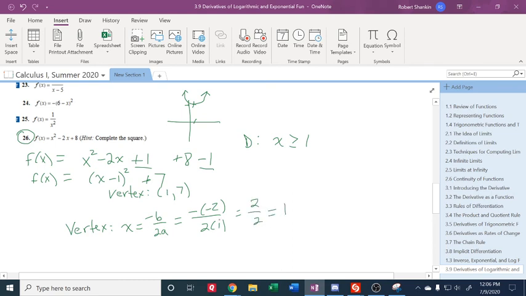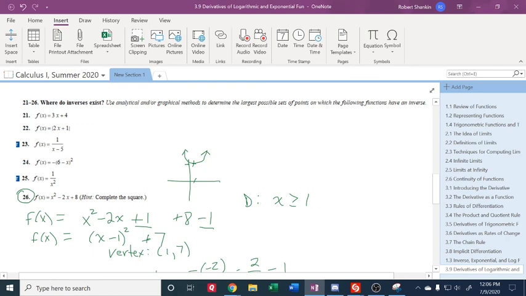And that's when x is equal to 1, that's the x-coordinate of the vertex. You plug 1 into this formula here, and you'll get the y-coordinate of the vertex, which would be 7. But you just want either the right half or the left half, so I'll take the right half. I could have taken the left half, and then that's all that we want.